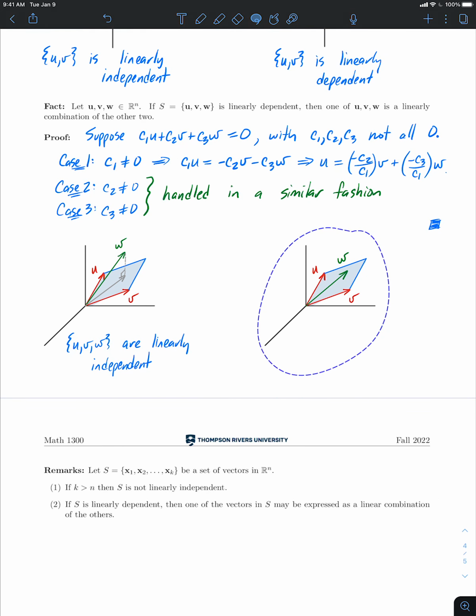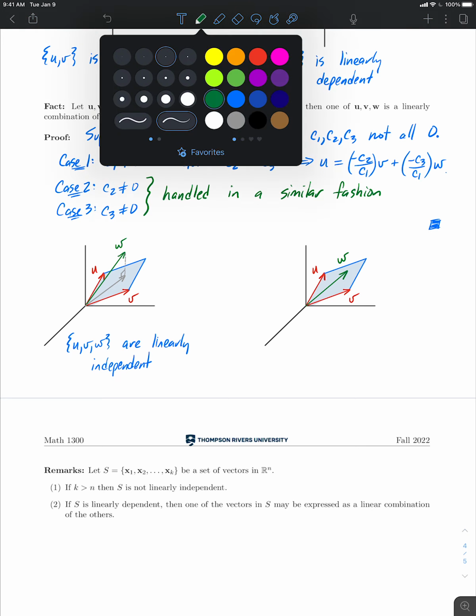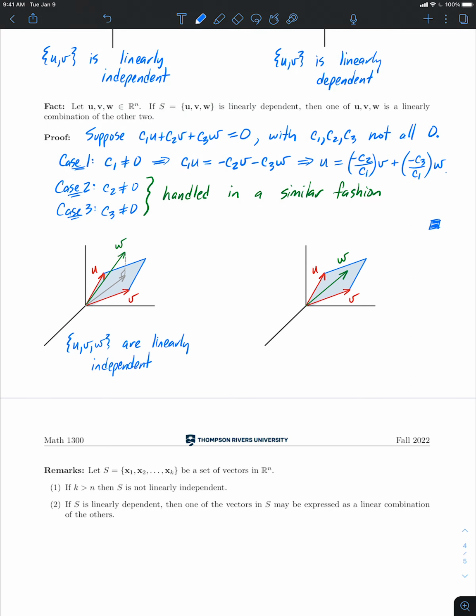If the vector w was contained within that plane, that distance would collapse down to 0, and there would be no distance there. Well, in that case, w is in the plane, which means w is in the span of u and v, which means w is a linear combination of the vectors u and v. That's the picture you should have in mind when u, v, and w are linearly dependent.